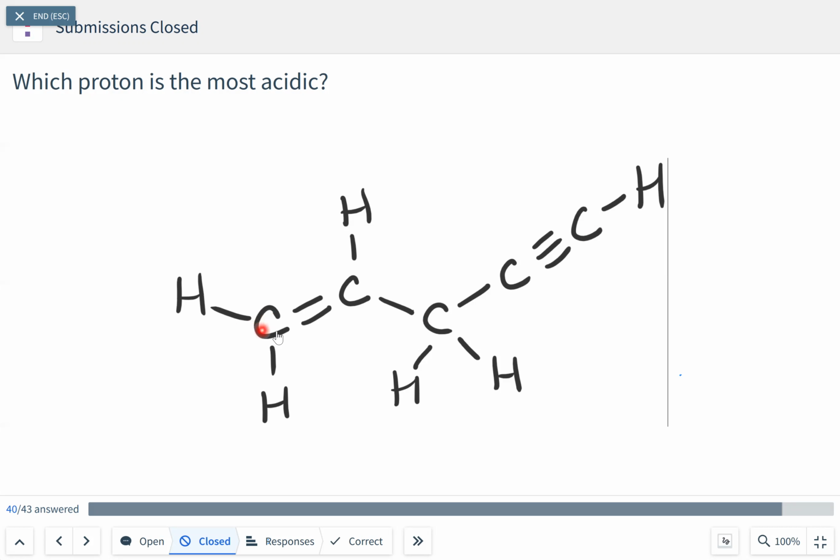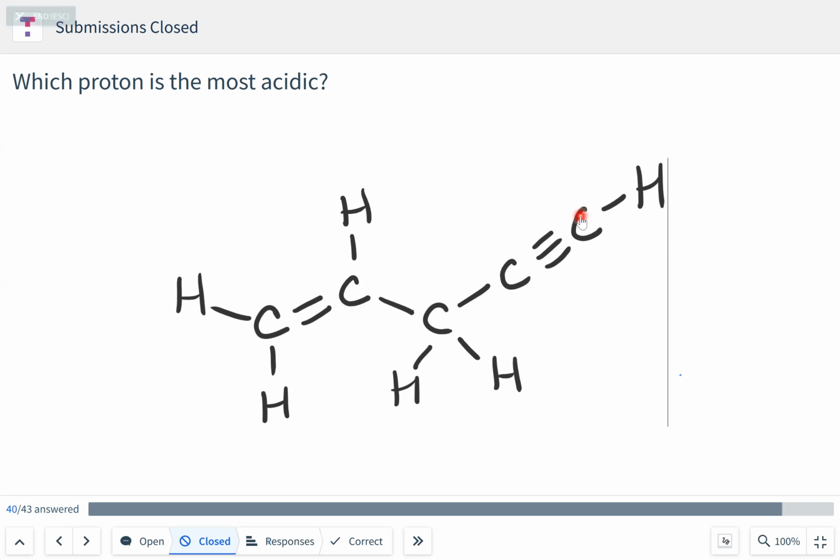So this carbon here has one double bond, so it's sp2. This carbon here has one double bond, so it is sp2. This carbon here has no double bonds, they're all sigma bonds, so it'll be sp3. And last but not least, this carbon here has two pi bonds, or a triple bond, so this would be sp.